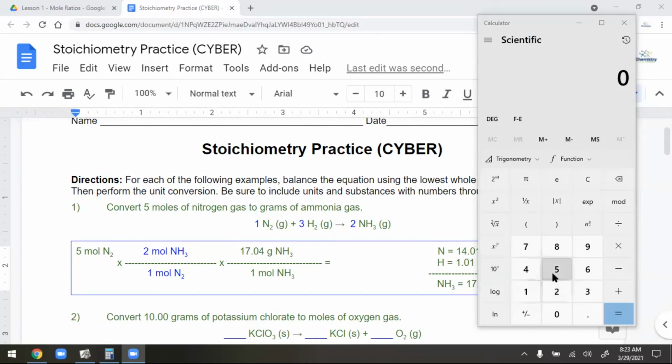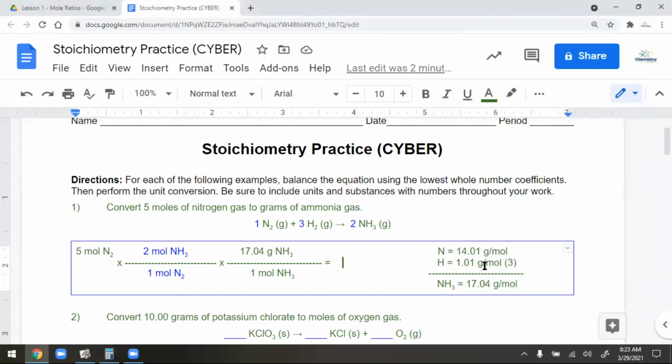So we're going to start by typing in 5. And we go to the second fraction here. We're going to multiply by 2. We don't have to worry about the dividing by 1 part. And then my second fraction, I'm going to multiply again by 17.04. So I wind up with an answer here of 170.4.